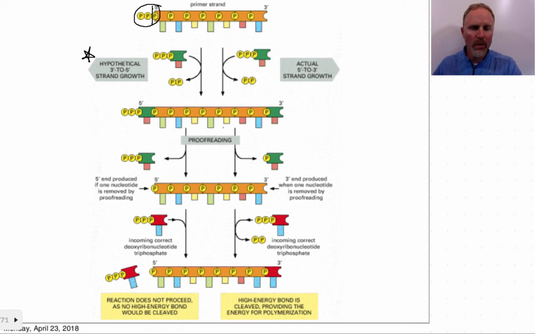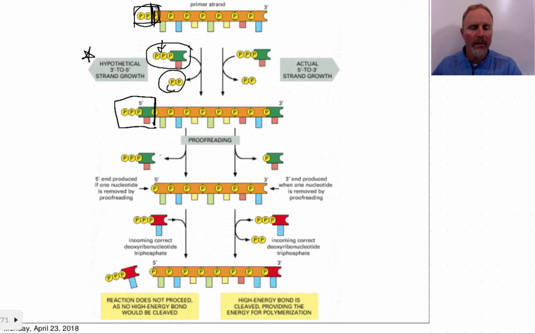Okay? So if we look here, if this is the incoming nucleotide, you can see the triphosphate right here. If we add it on, what we have the ability to do is, with this triphosphate, break this bond and add this on. So this is where this bond was broken, liberating these phosphates and adding the new one right there.